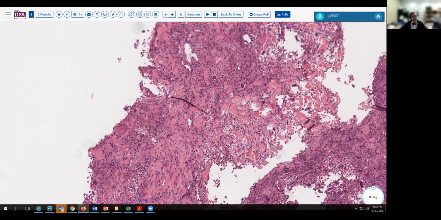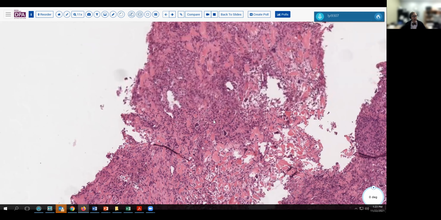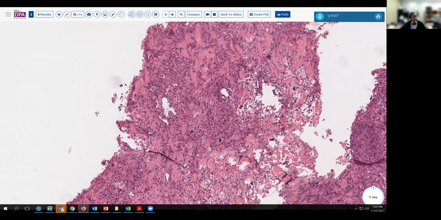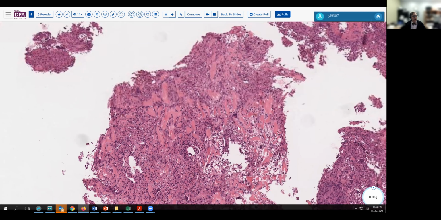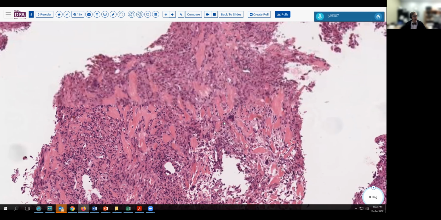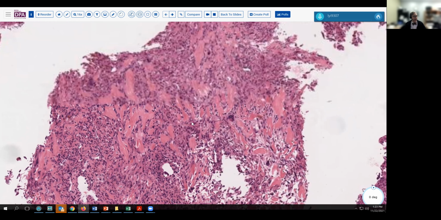So it certainly raises concern for an osteoblastic type of lesion, as you might expect with osteosarcomas or osteoblastoma. But in contrast to osteoblastoma, this is not the sort of hypervascular new bone formation. This is sort of more of a parallel reactive kind of appearance.